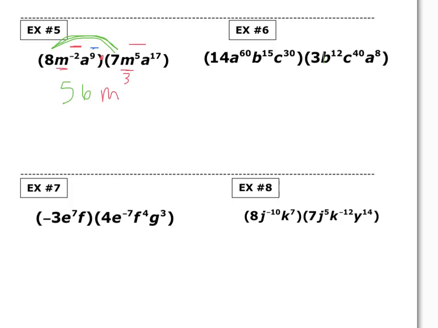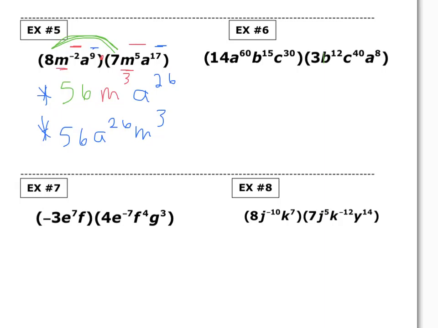Okay, we got a 9 plus a 17, and that will give us a to the 26. Okay, so if you want to put them in alphabetical order, that's fine. So you could put 56, a to the 26, m cubed. Both of these are okay. They're fine. But if you wanted to do that, you could. Okay, let's try one more example, and then I'll call it good for the day.